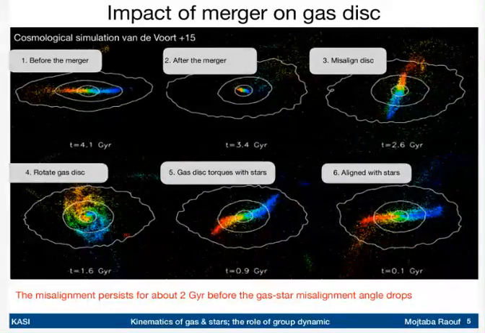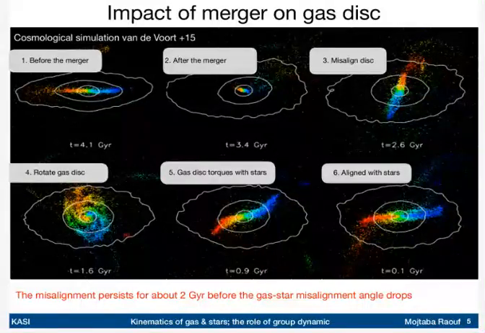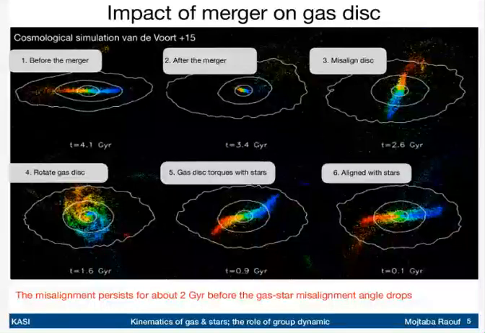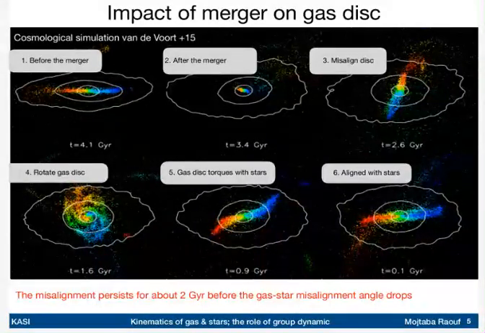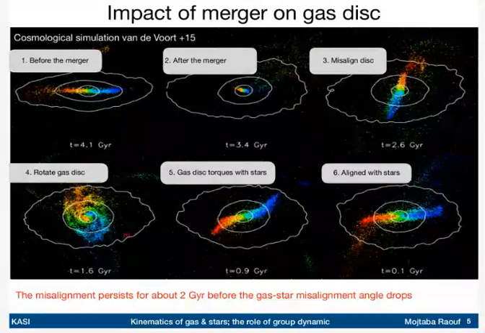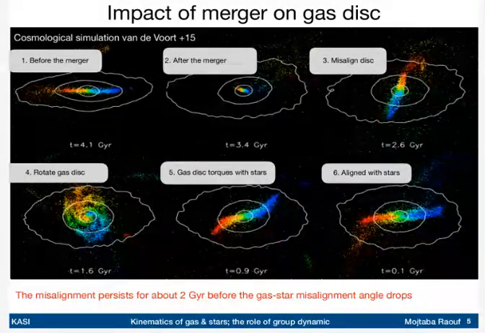So this motivation leads us to identify the relaxed galaxy groups first, and then compare the central galaxies hosted by this type of system with those in unrelaxed galaxy groups.